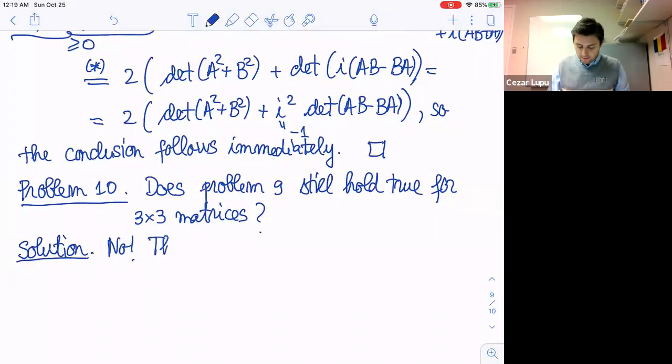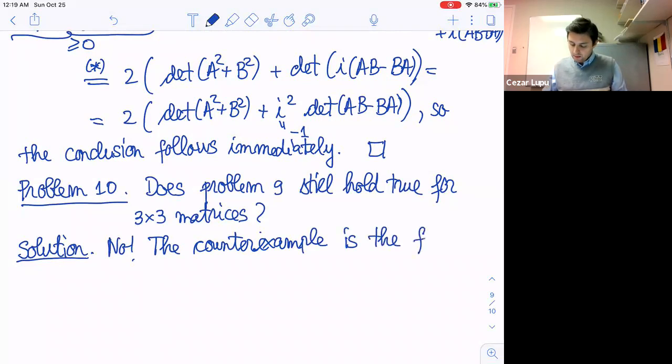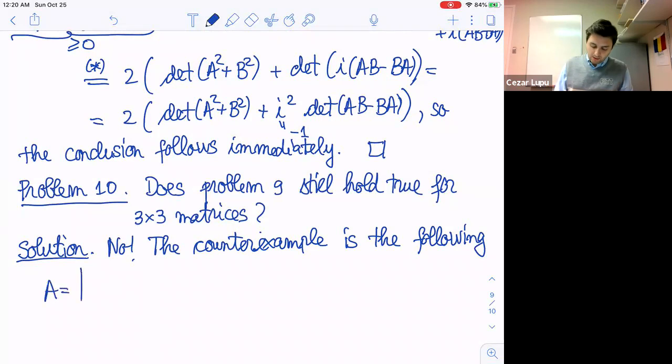And the counter example is the following. Let's cook up two 3x3 matrices such that this inequality is not true. So let me point out, I'm going to consider the following matrix. So this will be 0, 2, 0.